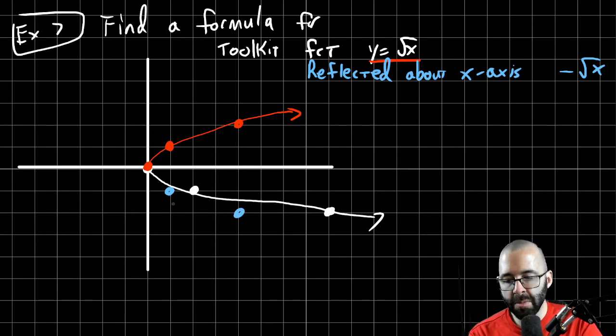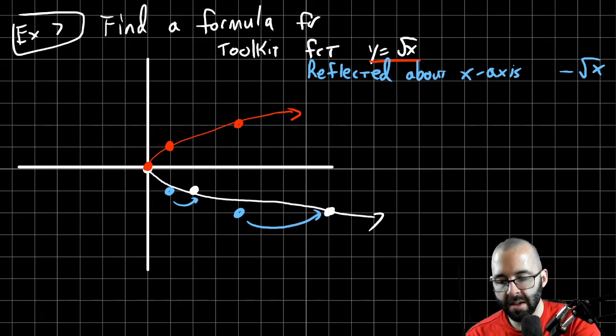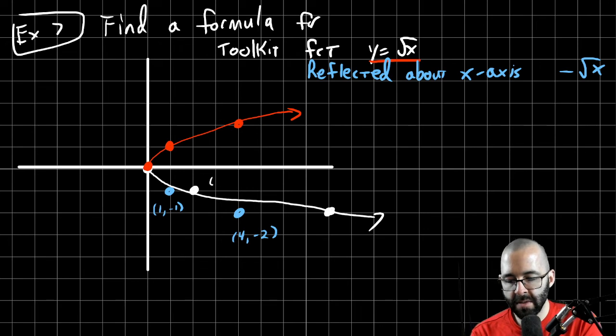So how do we go from the blue points to the white points? What's happening? Well, let's look at these points, right? This is the point (1, -1). This is the point (4, -2). Whereas the white points are (2, -1) and (8, -2).